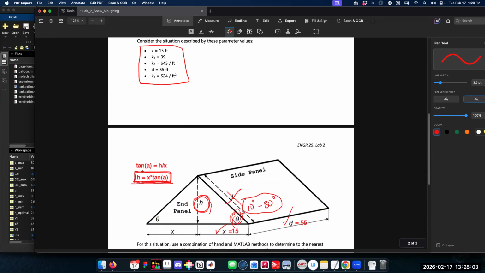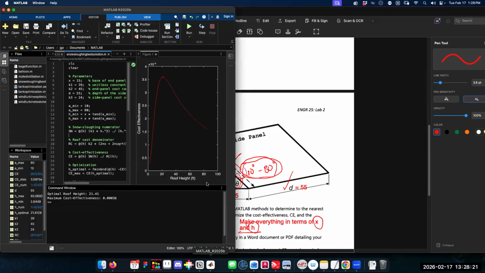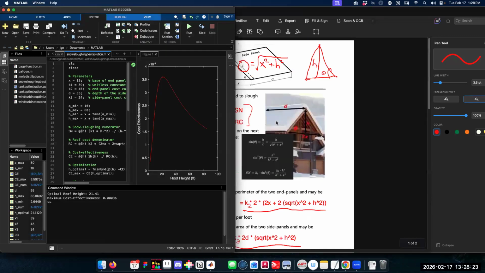So we'll need to put this in the code because everything is in terms of x's and h's. Okay, that helps us because instead of putting the angle in our code, we'll put h. So that's a good explanation of this part. If you change the height of the roof, it will change the cost effectiveness.